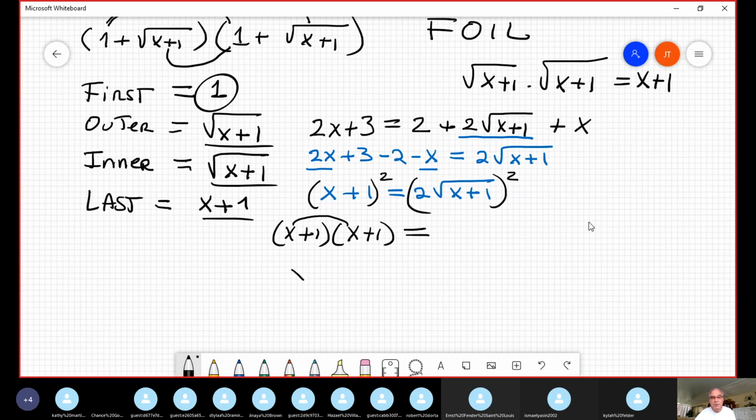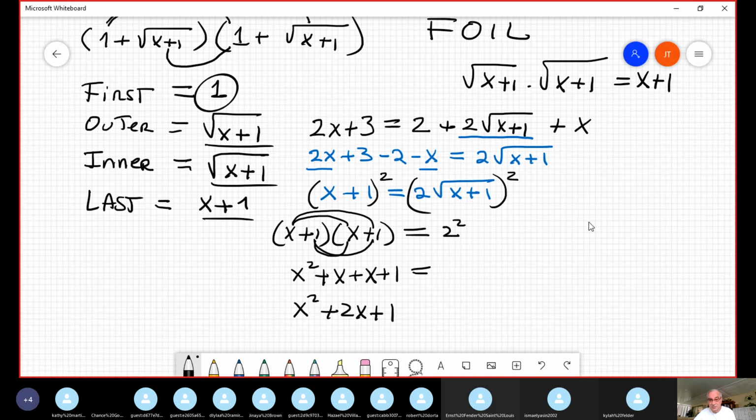It is x squared plus 1x plus another x plus 1. And we combine: x squared plus 2x plus 1. And the right hand side is different because it's squared, but this is not a binomial. It's a binomial, but inside the radical. But together, so it's not a binomial.